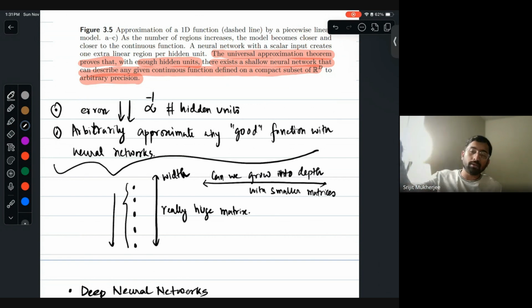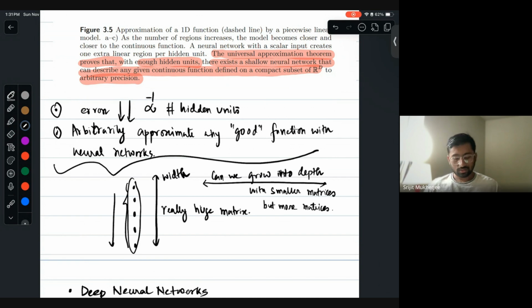We have more matrices. In this case it was just a single matrix with which you can approximate. Smaller, but more matrices. And it turns out, yes, you can.